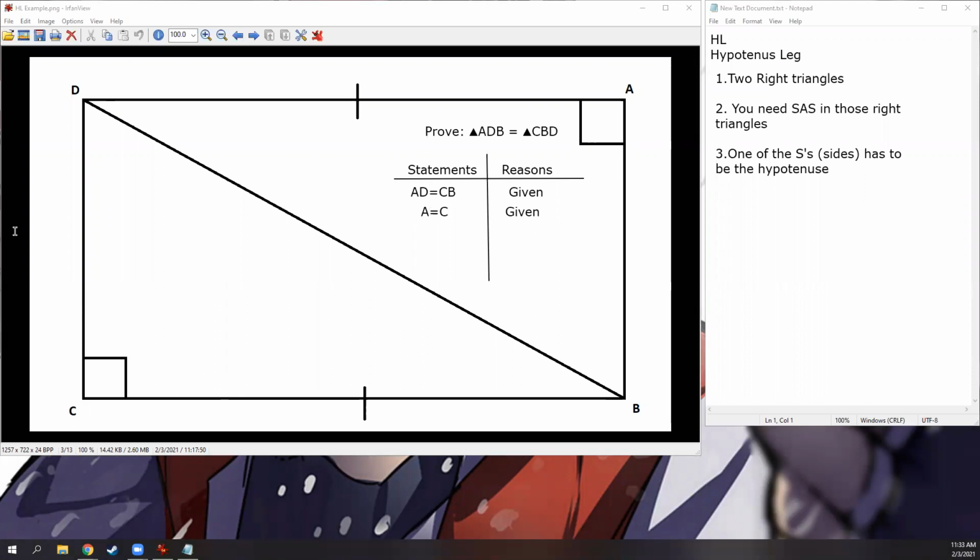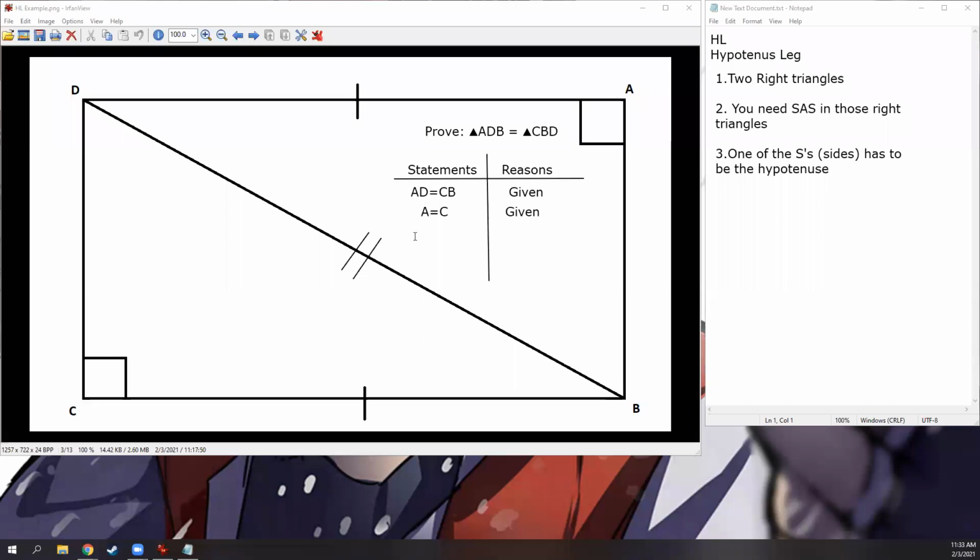We need one more thing. And we know that DB and BD are equal to each other because they're the same line. So we can say that this guy is equal to itself. I put two dashes to signify that they're different from these two. So this is equal to this, but the diagonal marks on this side are different.